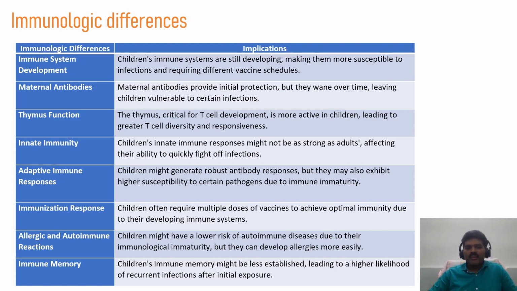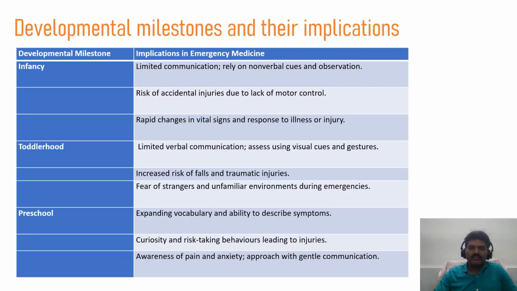Early recognition of age-specific signs of distress and tailored approaches to communication contribute to optimal care delivery. By acknowledging the intricate interplay between pediatric anatomy, physiology, and the art of emergency medicine, we ensure the best possible outcomes for young patients. Thank you.